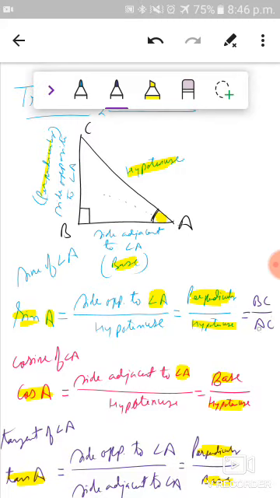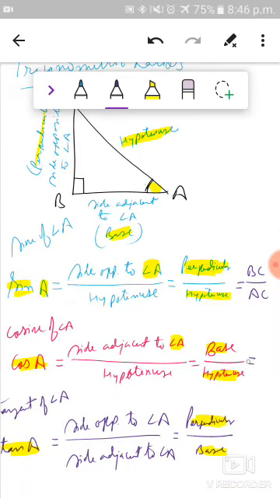And cos A is base upon hypotenuse; the adjacent side of angle A is AB, and hypotenuse is AC.